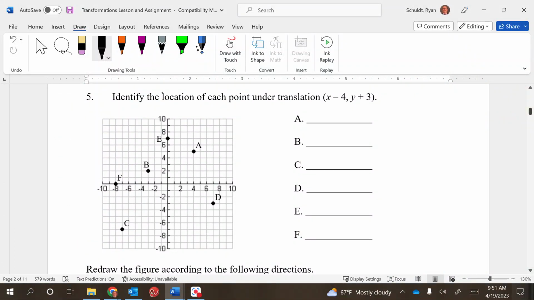So they want us to identify the location of each point under the translation x minus 4, y plus 3. So let's write down the originals out here, and then we'll translate them based on how they tell us. A initially is at 4, 5. B initially is at negative 3, 2.